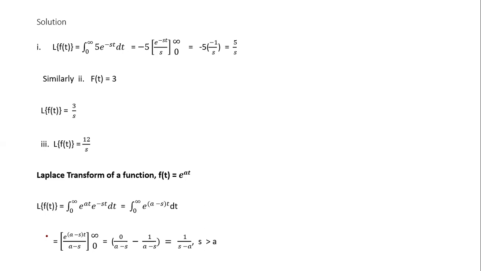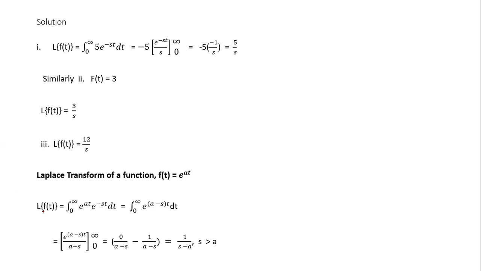Good. Now let's move ahead. Let's see how we can transform a function f of t equal to exponential at. But you know that our transformer is the integral of exponential negative st. So we are multiplying whatever function we have by exponential negative st. So we are having f of t now equal to exponential at.